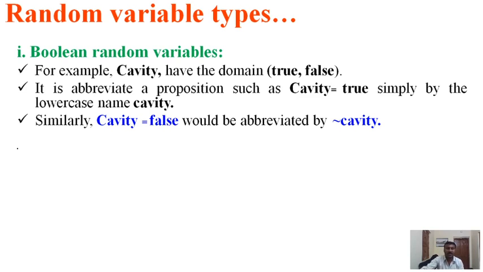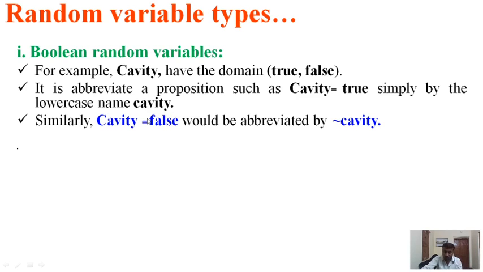We abbreviate a proposition such as cavity equals true simply by lowercase cavity. Similarly, cavity equals false would be abbreviated by the negation of cavity. So true cavity is abbreviated by cavity, which means cavity is there.